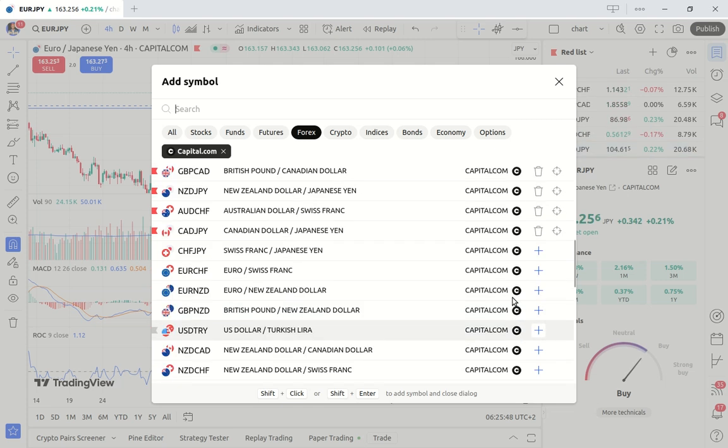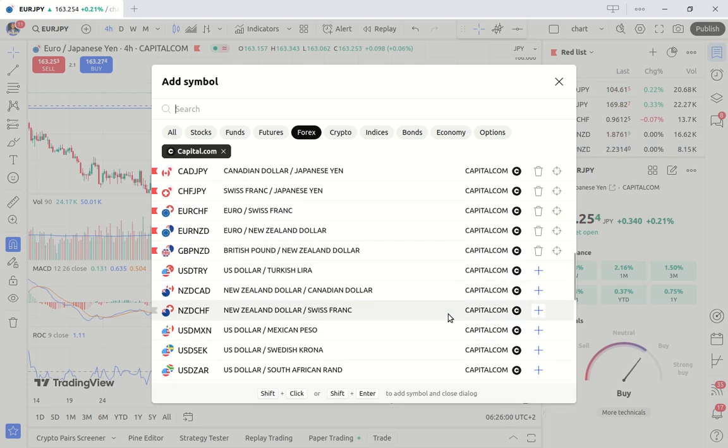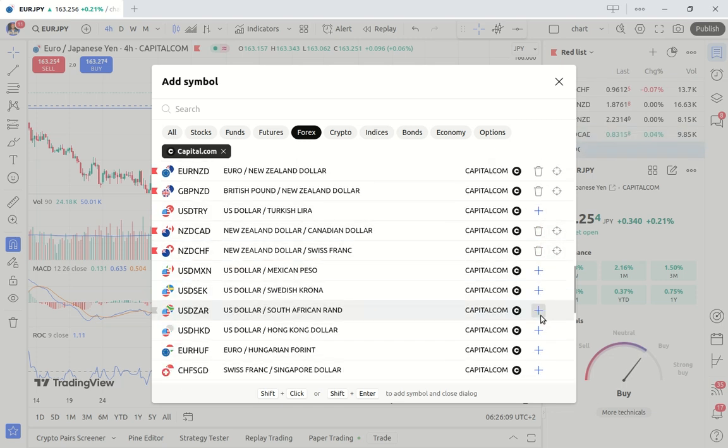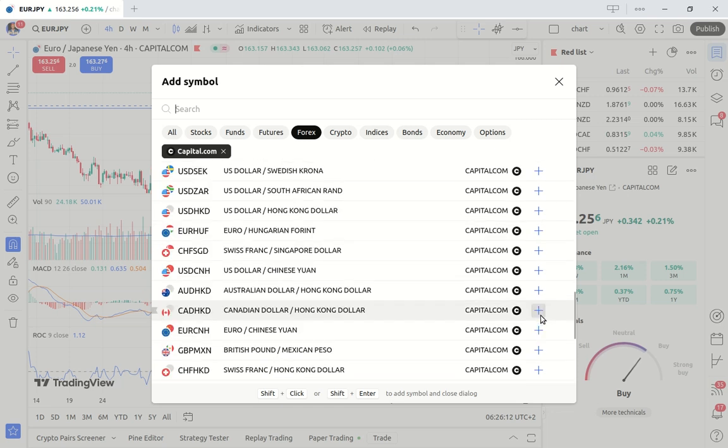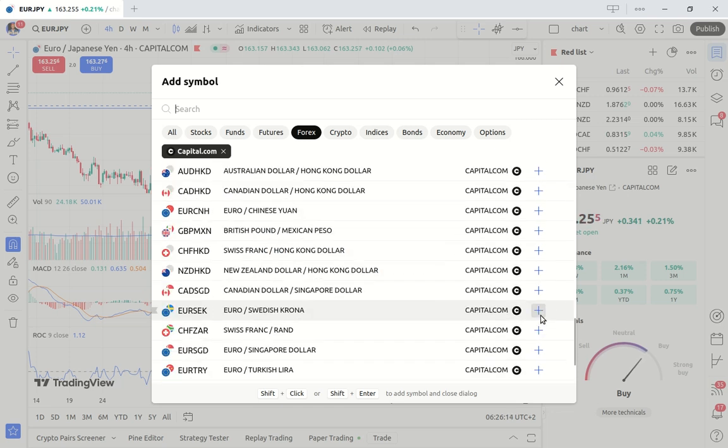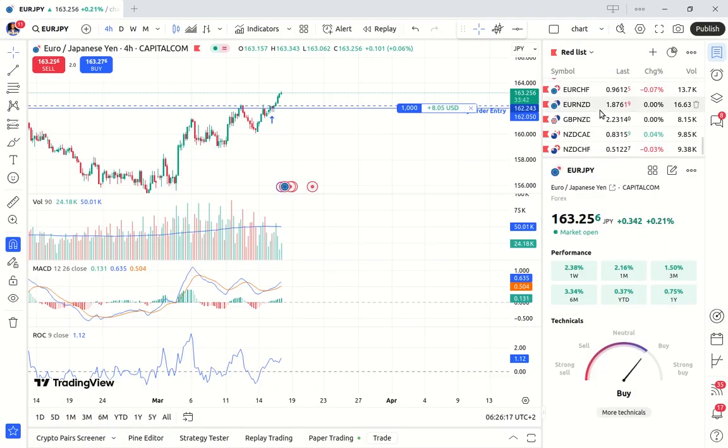What we're doing right now is adding the Forex options. Okay, so after we added the Forex options, now we come here to the technicals.